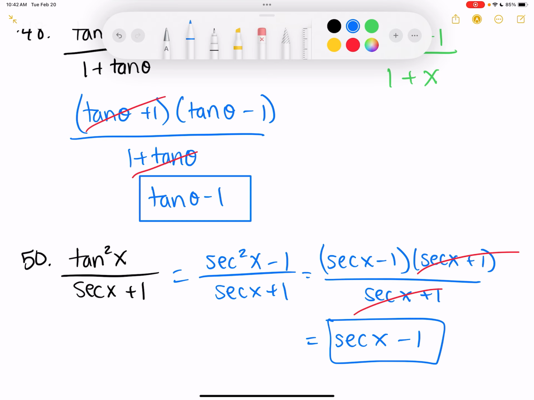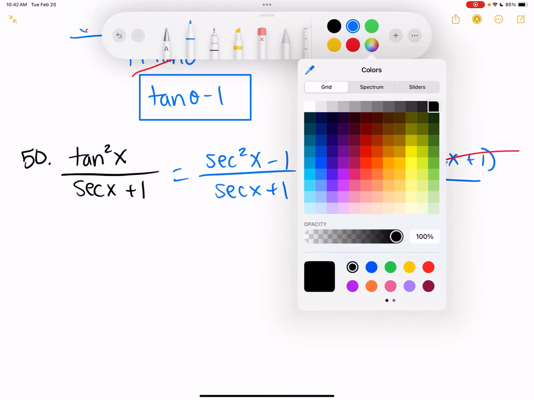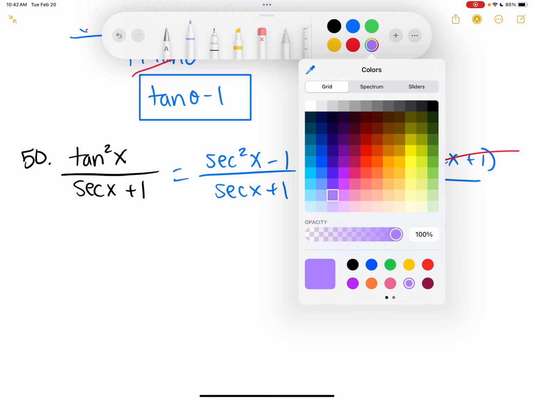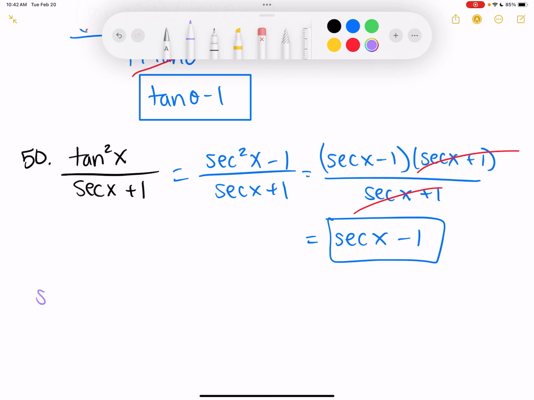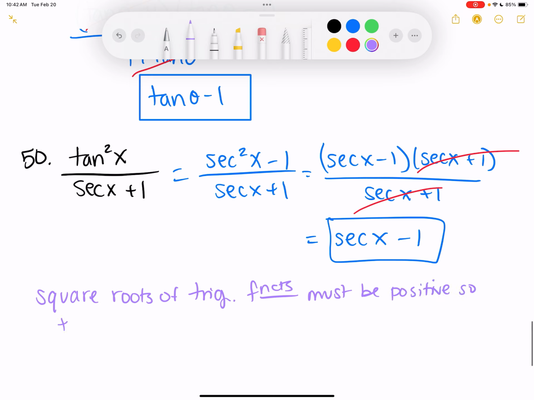So, square roots of trig functions must be positive, so they need to be written in absolute value bars.